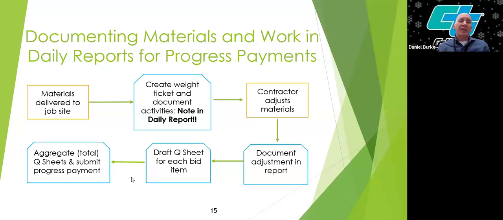You're going to create that weight ticket and document the activities. And again, it's in there in bold for you to make sure it's documented in the daily report, because if it's not documented there, the auditors can't verify that it's been delivered to the site and being installed by the contractor or the contractor's team.